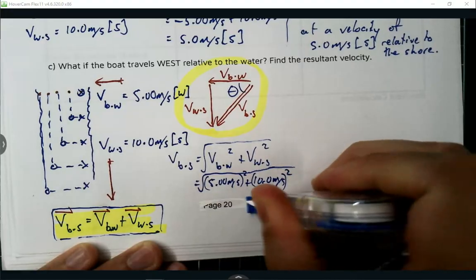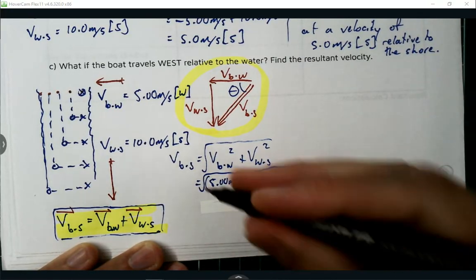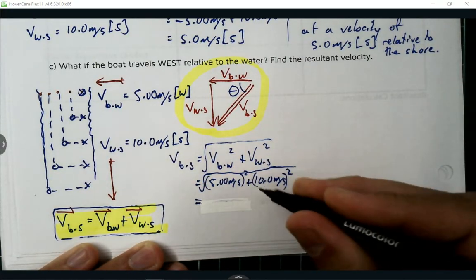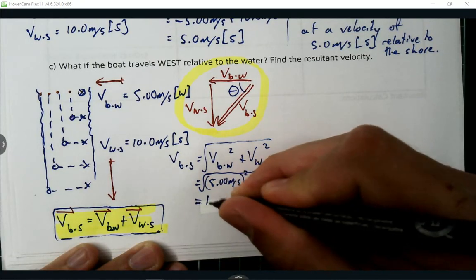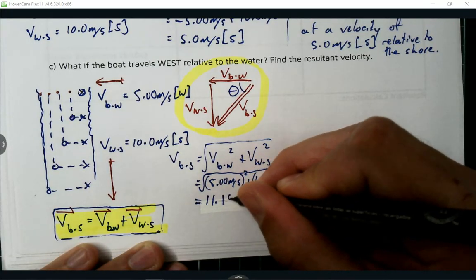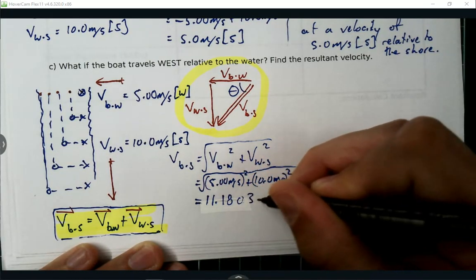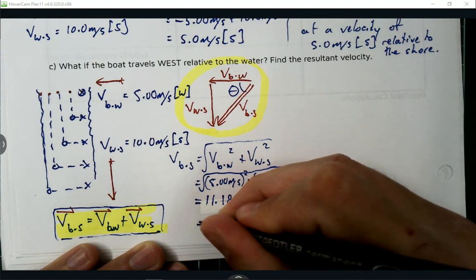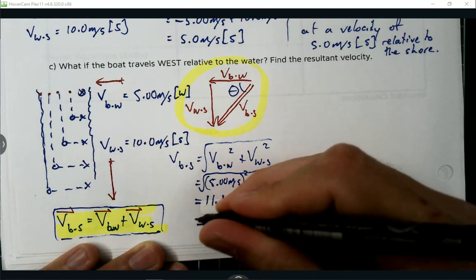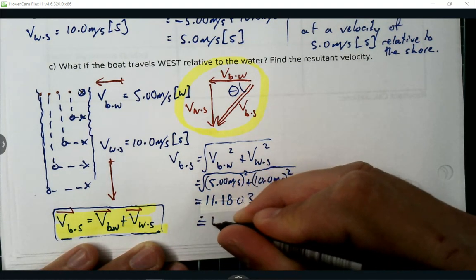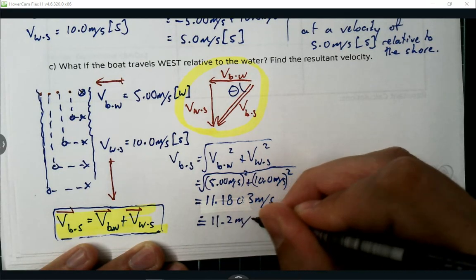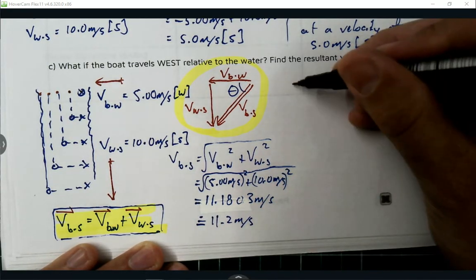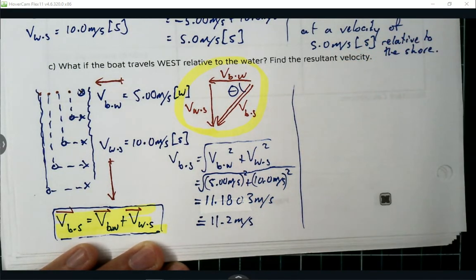I'm just going to get this page number out of the way. And I get 11.1803 meters per second. Does anybody want to second that motion? Yeah, a few people quick on the calculators got me. And I'm going to round it off to appropriate sig figs. So 3 sig figs, 11.2 meters per second.